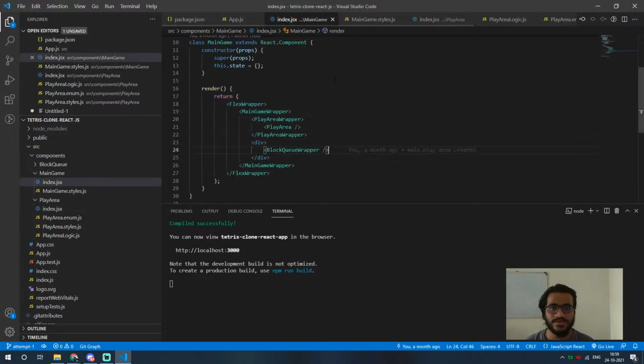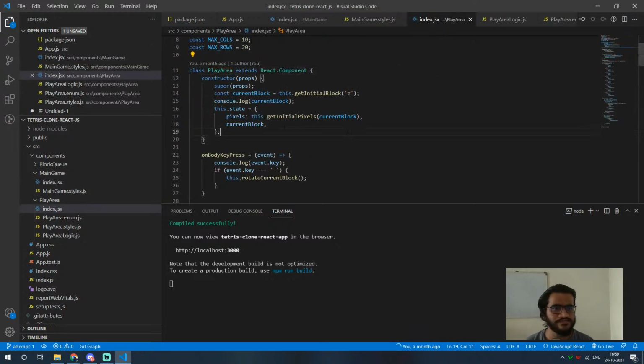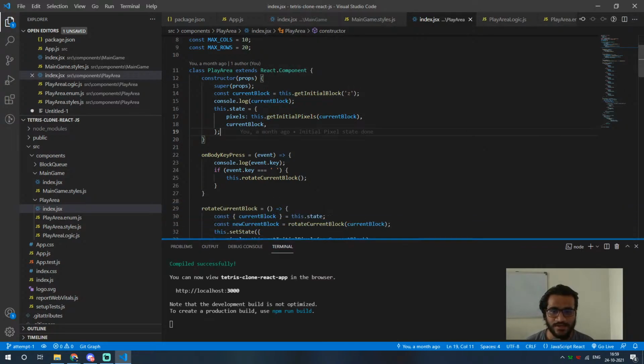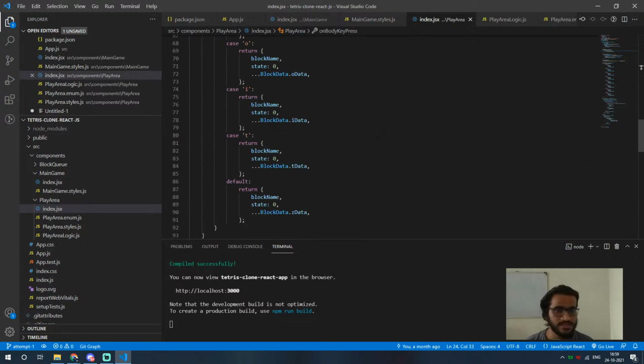So last time we mostly worked on the play area, right? So what does the play area do?